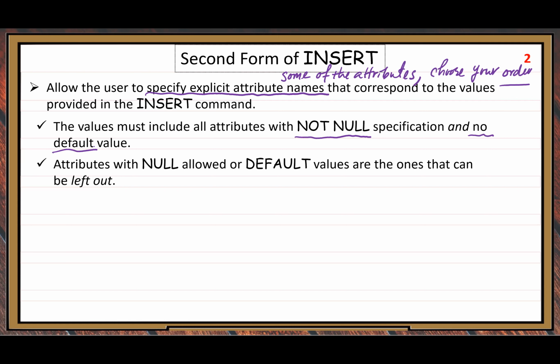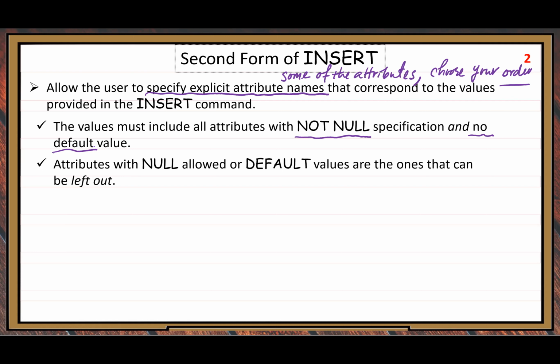Second case, default value. Even if you have the not null constraint, you have a chance to provide its default value. You use the default clause to specify that default value.